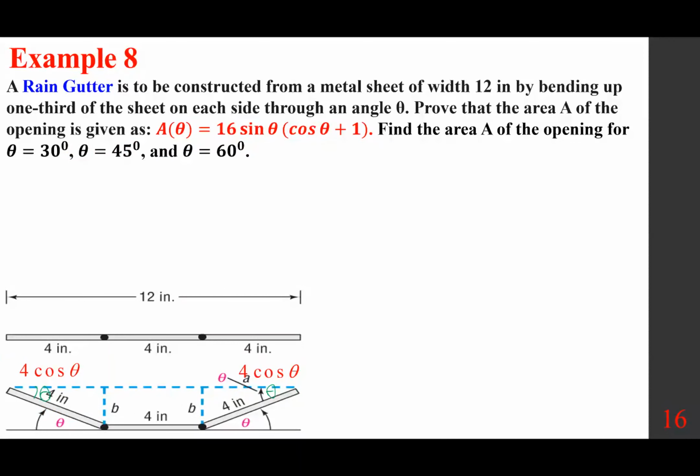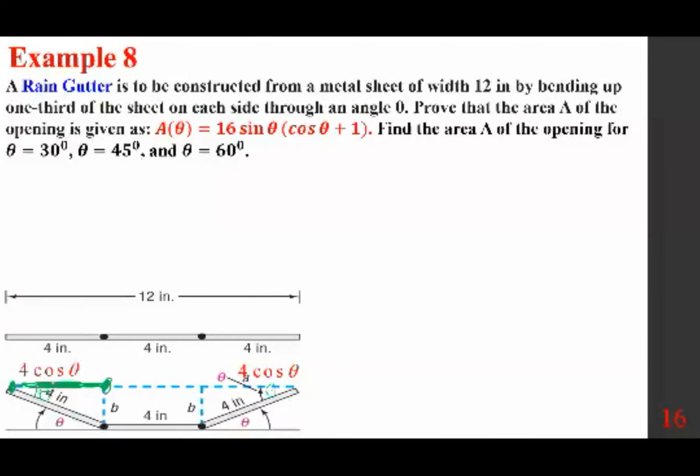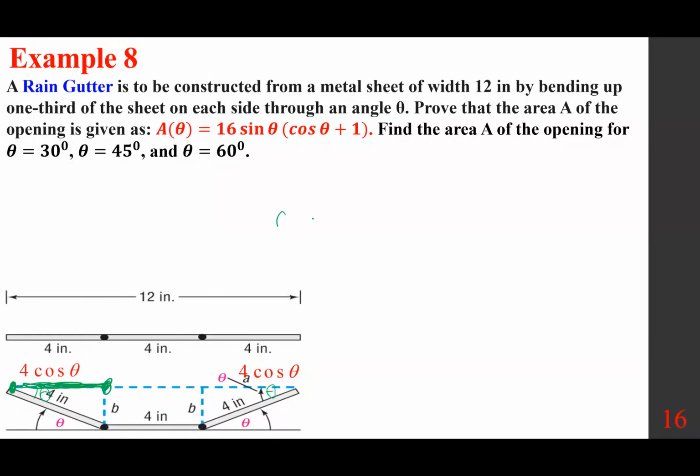And therefore, this distance from here to here is 4 times cosine theta, because cosine theta is the adjacent over the hypotenuse.